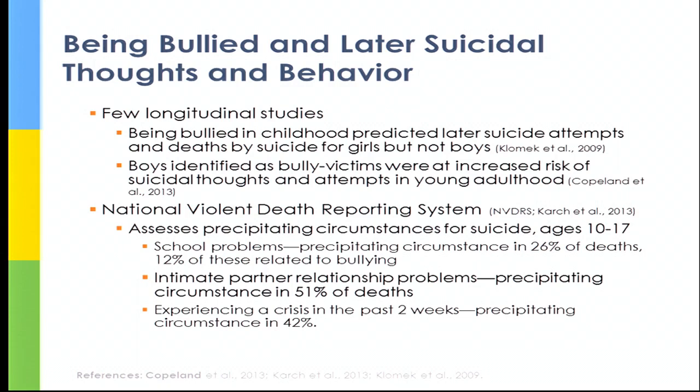And they did find that school-related problems, which included bullying, but there were many other school-related problems, were determined to be a precipitating circumstance in about a quarter of the deaths by suicide. A small percentage of these, 12%, appeared to be related to bullying. To put that number in context, intimate partner relationship problems were identified as a precipitating circumstance in about half of the deaths.